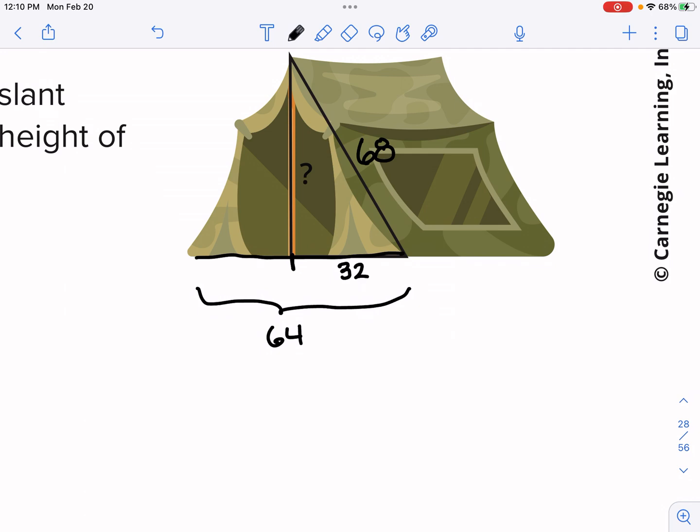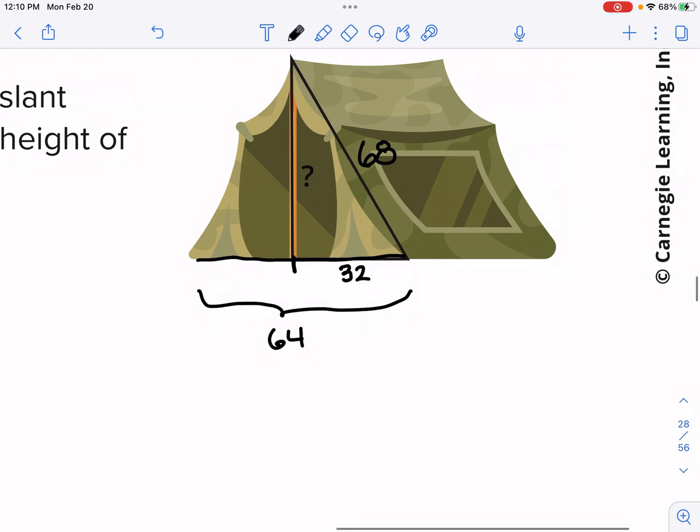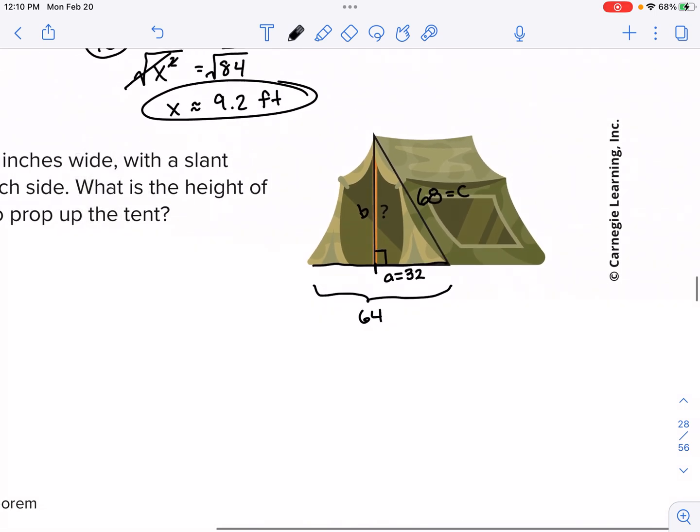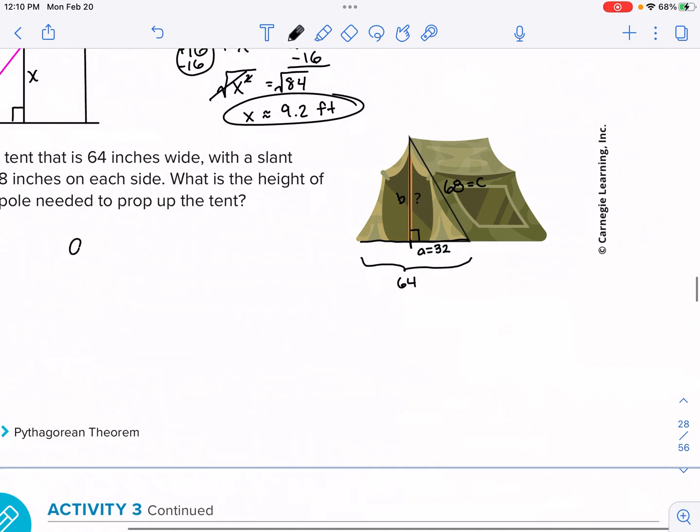So we're going to use 68 for our slant height, or that is C, our hypotenuse. We'll say that this is A, and we want to find what is B for that height. Okay, so let's go and rewrite the formula. So we're going to have A squared is 32 squared. We keep B squared, and this is 68 squared.